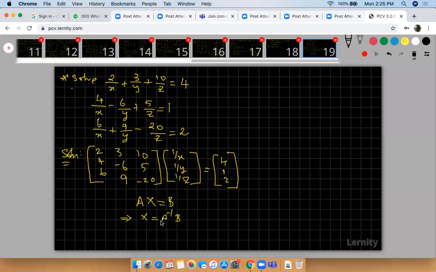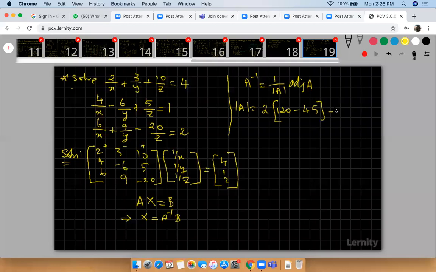So now, first of all, find your A inverse. What is the A inverse formula? A inverse is 1 by determinant of A times adjoint of A. Find the determinant of A. This is your A. So determinant A is equal to 2 into, the signs being plus, minus, plus, 2 into 120 minus 9 fives are 45.